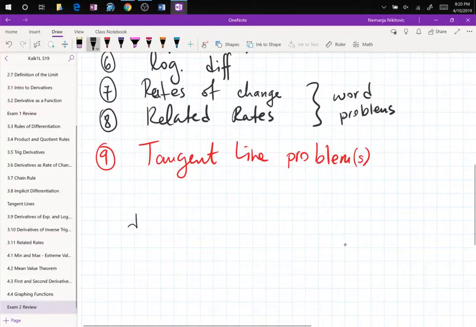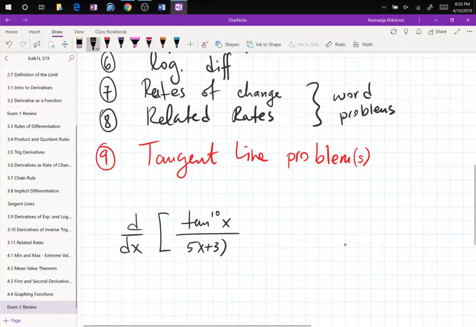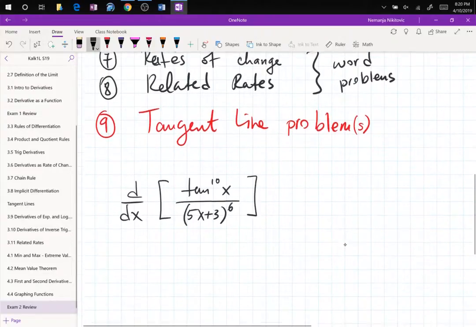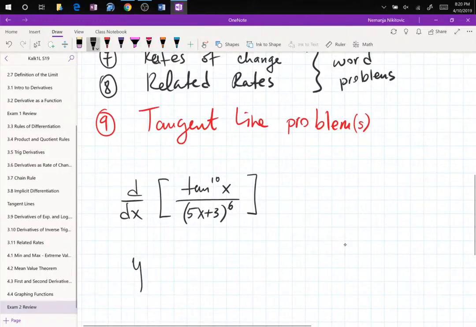Excellent. Find the derivative of tangent to the 10x divided by 5x plus 3, everything raised to the 6th power. Awesome. So we write it as y equals, leave some space, tangent to the 10x divided by 5x plus 3 raised to the 6th power, and then we ln both sides.